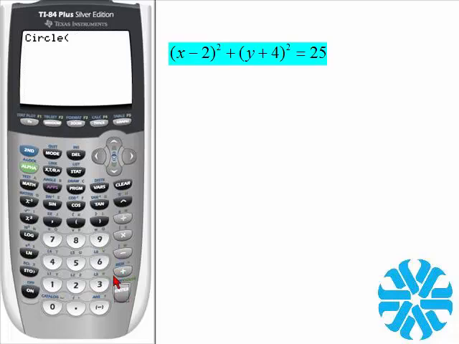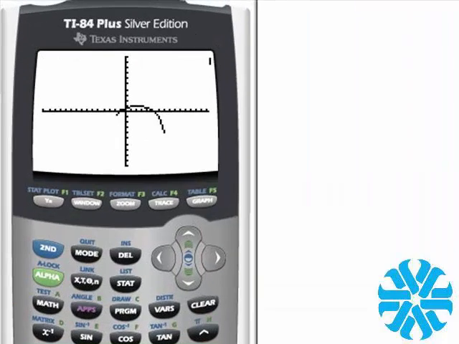We're going to put the coordinates of the center, which is at 2, comma, and then negative 4, and then one more comma, and we're going to put the radius in, and the radius is 5. So we hit 5, we close the bracket there, and so now here's the notation for our circle, and we simply hit enter to graph it.